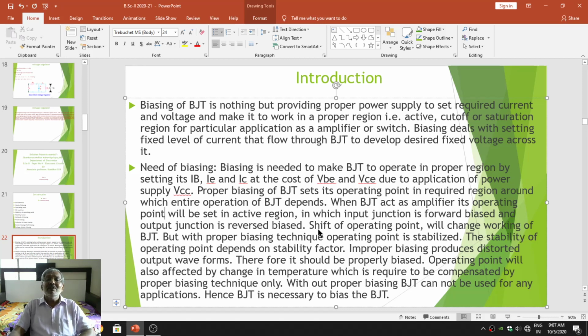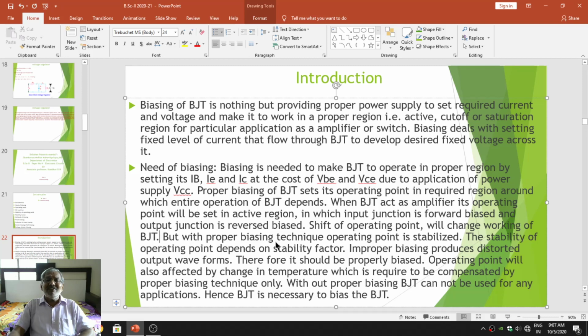If shift of operating point takes place, it will change the working of BJT. Means once the BJT operating point is adjusted in the active region, due to any reason, if the position of operating point is shifted, then it will change the working of BJT. So that's why biasing is necessary.